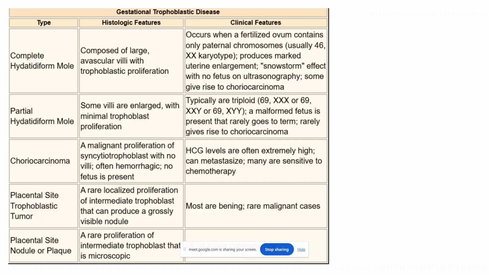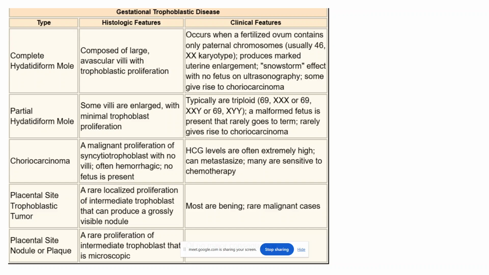Choriocarcinoma is a malignant proliferation of the syncytiotrophoblast with no villi. There will be no villi as such, and it often produces hemorrhage, and no fetus is present. And human chorionic gonadotropin hormone levels are often extremely high, and it can produce metastasis, and it is sensitive to chemotherapy.